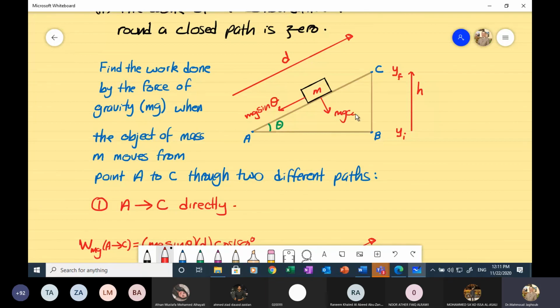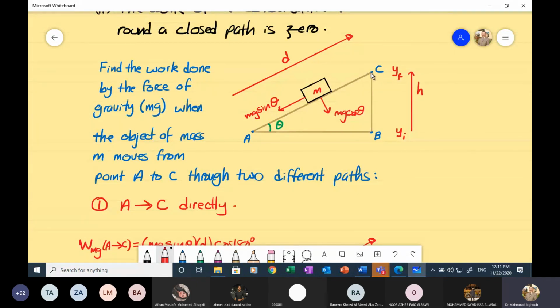As you can see, I have an inclined plane from A to C, and I have completed this to form a right angle triangle. Now I want to ask the following: what is the work done by the weight, which is the force of gravity, in moving this mass M from point A to point C?